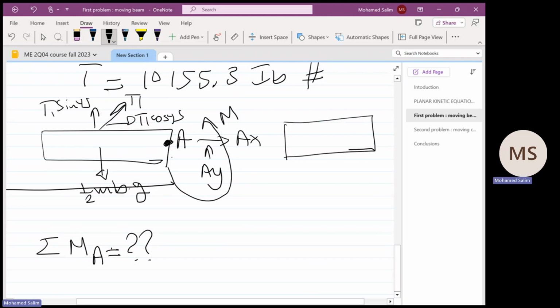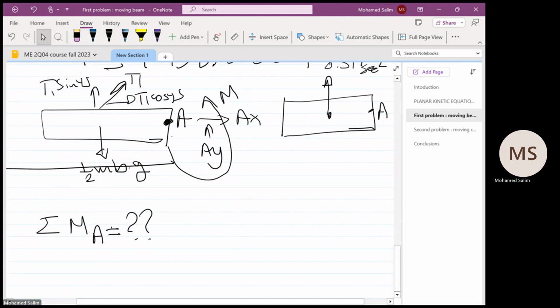In the other direction, sorry, this is point A. The beam is moving up with acceleration 0.5. So, summation of moments about point A, we have T1 cosine 45, with a normal distance from A of 1 foot.